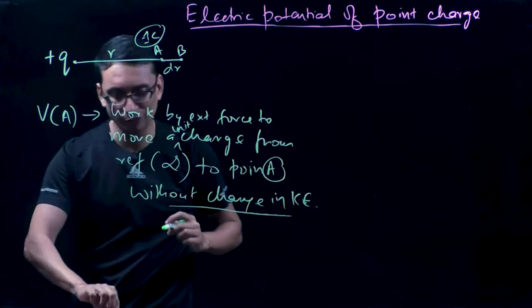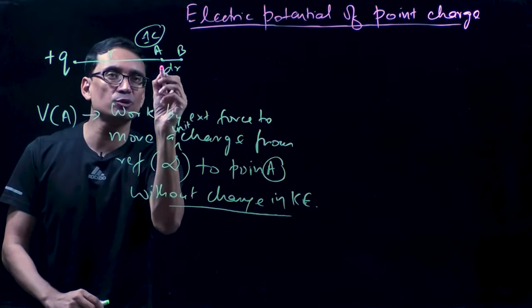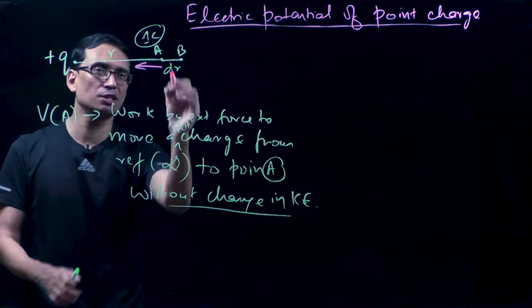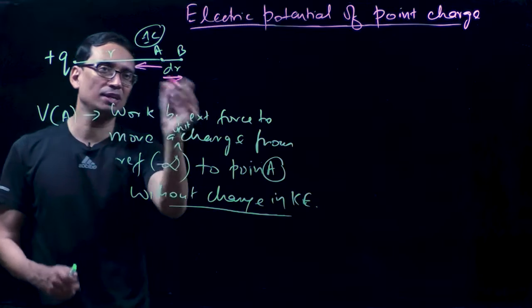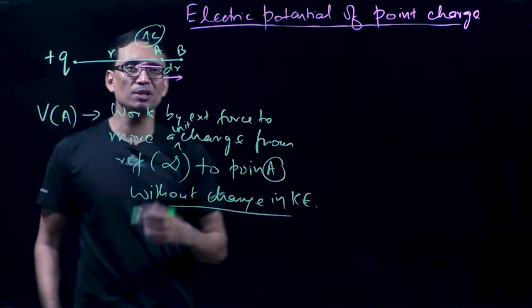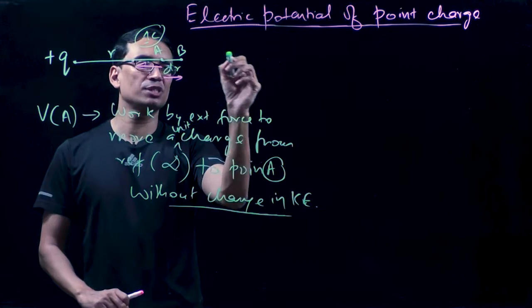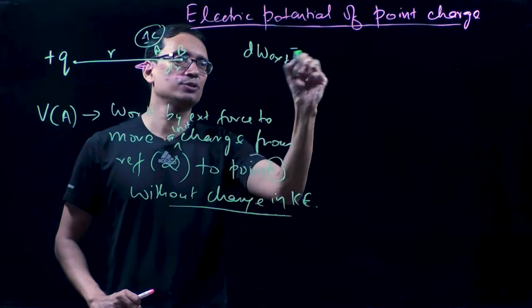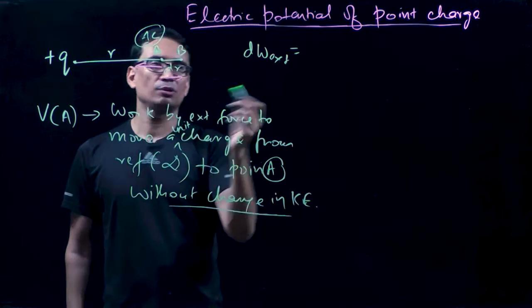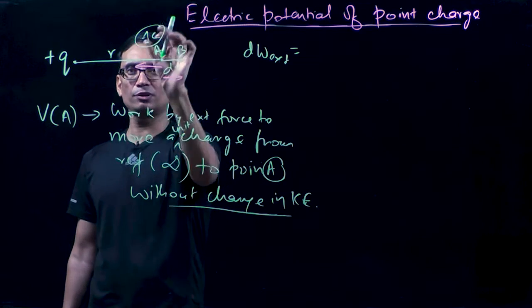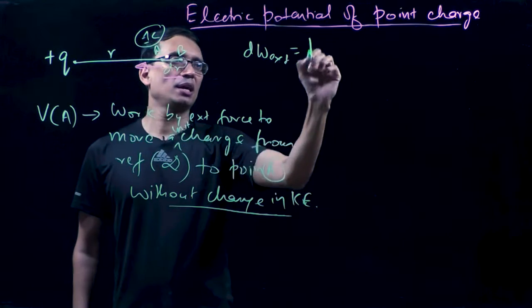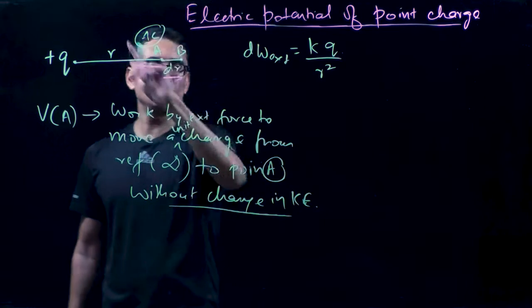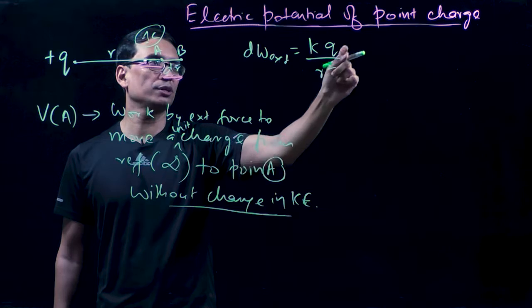So look at the direction of force. My force is going to be in the inward direction, but the displacement is in this direction. So both are opposite, so work done by me is going to be negative. So dW external is going to be force, and what is the force? Force is going to be KQ upon R square, because it's 1 coulomb. So Q1 is Q and Q2 is 1.